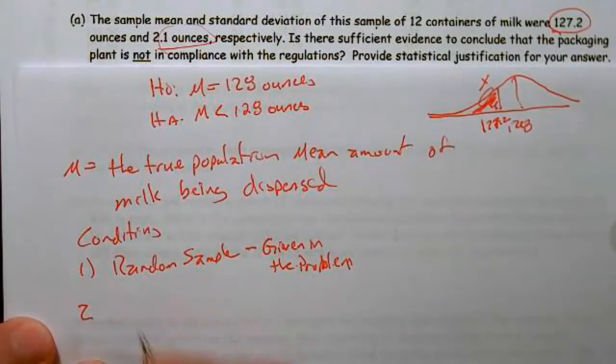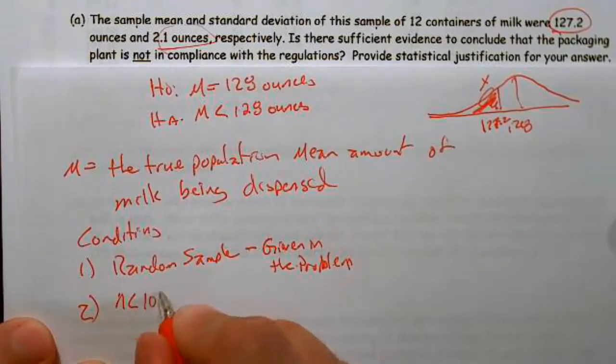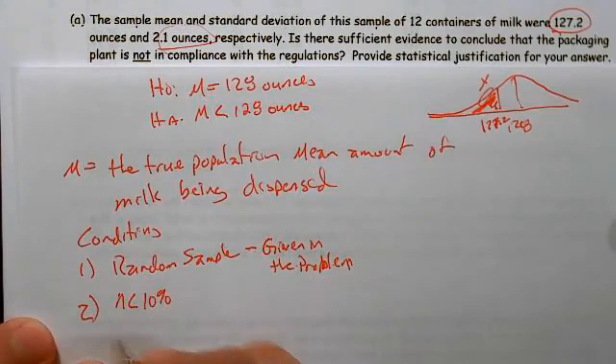Second condition, N has to be less than 10%. So in this case, 12 divided by 0.1 equals 120.